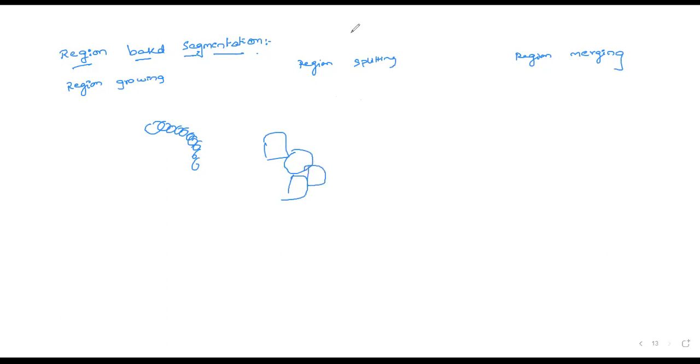So there is a specific way to perform this operation. Okay. Region growing. So first we define a seed node. Seed node.